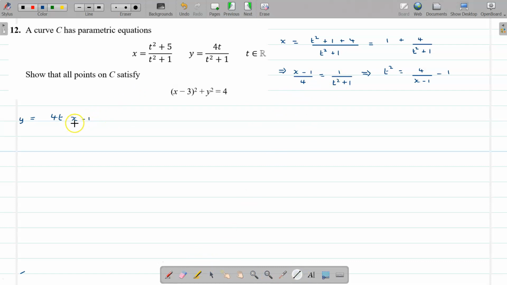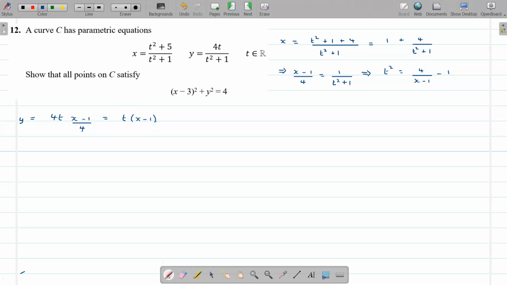So that's already proved useful. So x minus 1 over 4. The 4's cancel to give me that y equals t times x minus 1.